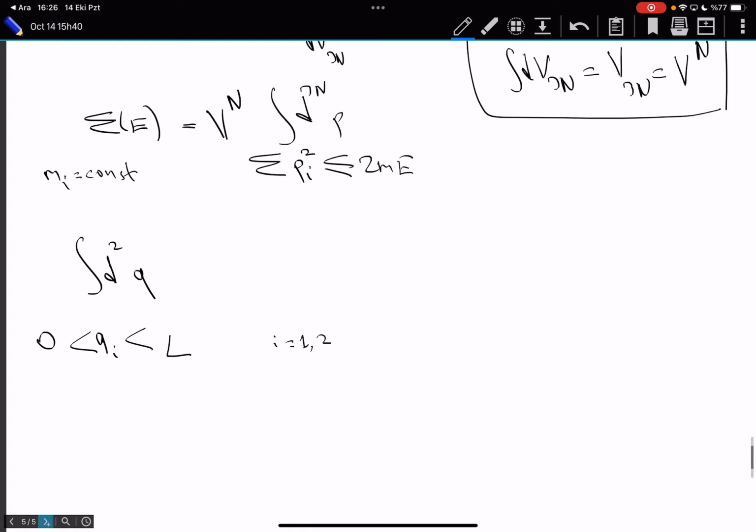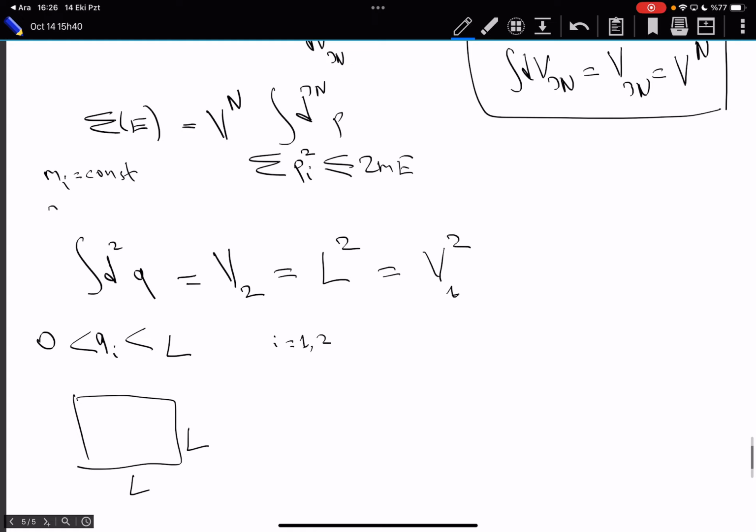So this will be, you are right, a 2-dimensional volume, in this case the area. This is nothing but a square with side length L, which is nothing but L squared. L is just the 1-dimensional volume of each one of those particles.